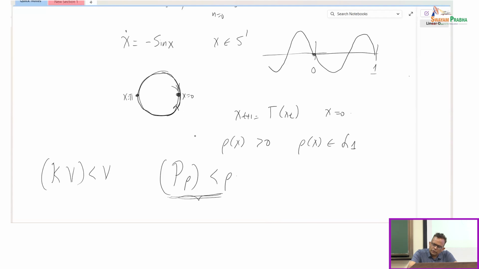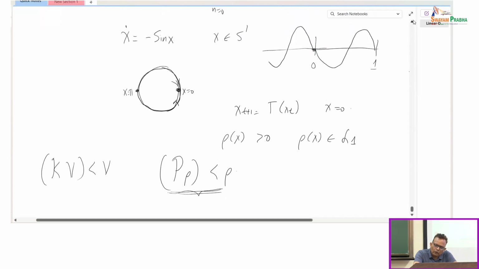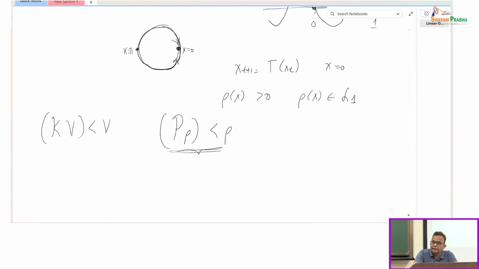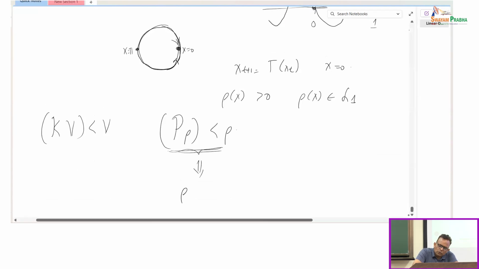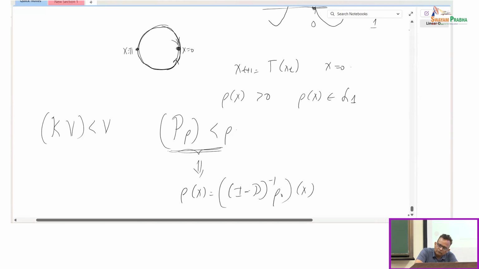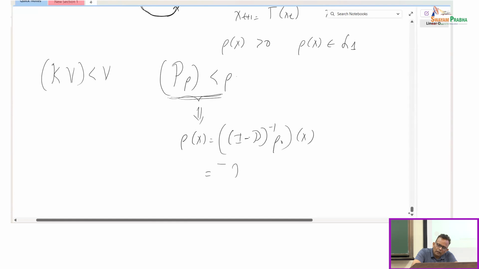Anyway, just like we have this resolvent formula for finding the V, this formula can also be converted to find the rho. That was the duality. So I can use this to find the rho in terms of (I minus P) inverse of some rho 0 of x, which again becomes the summation from n equals 0 to infinity of P to the n applied to rho 0 of x.